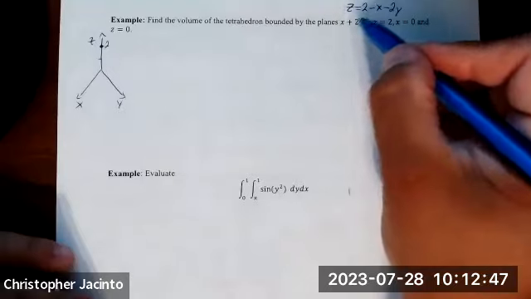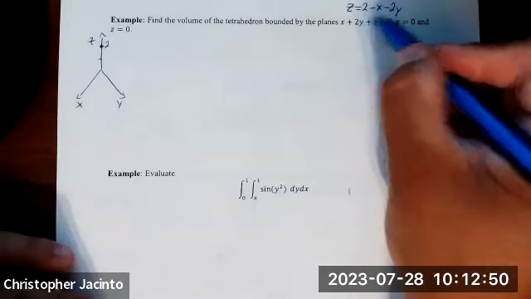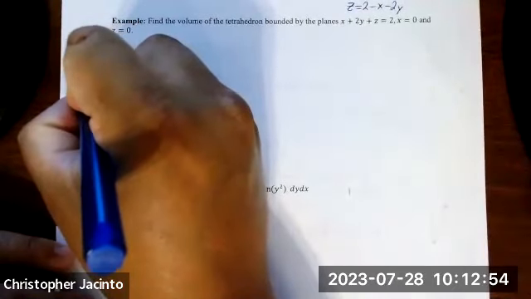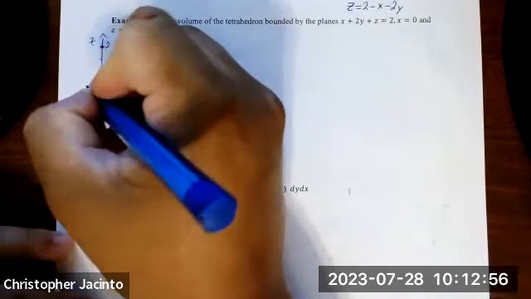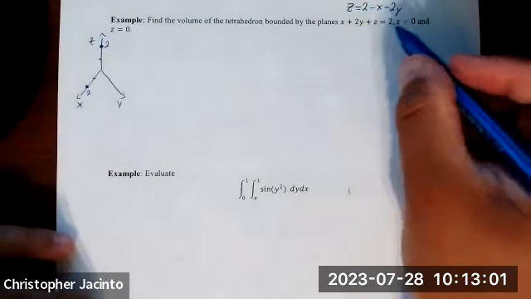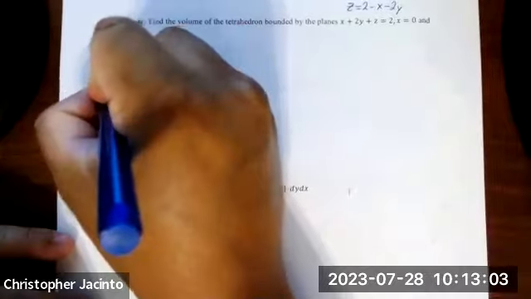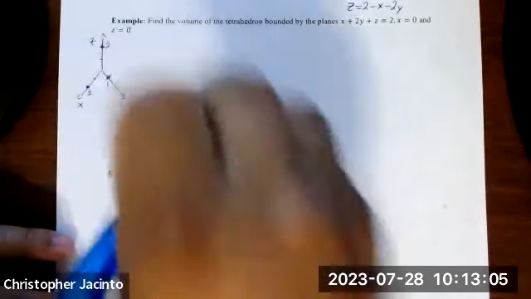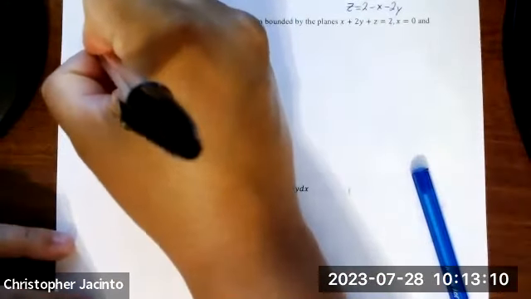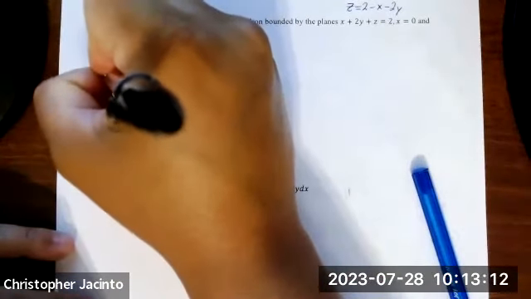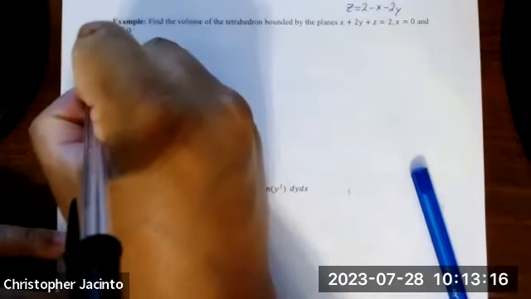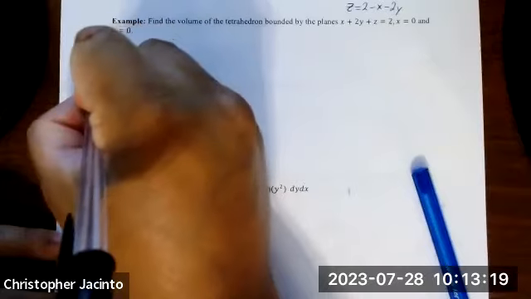If I set these two to be 0, x is going to be 2. And if I set z and x to be 0, y has to be 1. Here's our tetrahedron, right there.